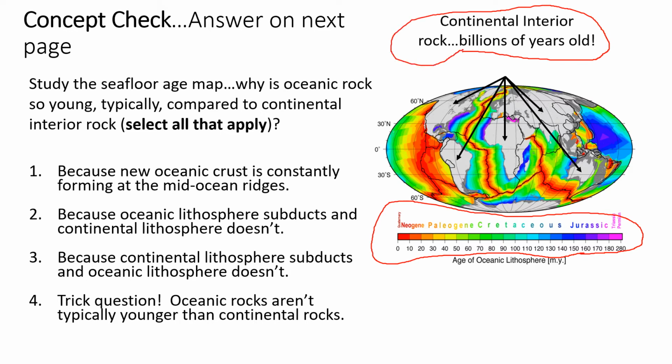So why that age discrepancy between very old rocks on the continents and much younger rocks in the ocean basins? I'll give you a second to see if you can select all of the answers that apply here.